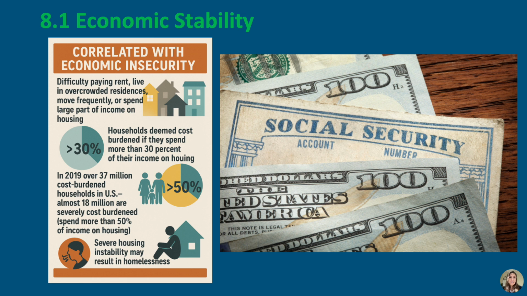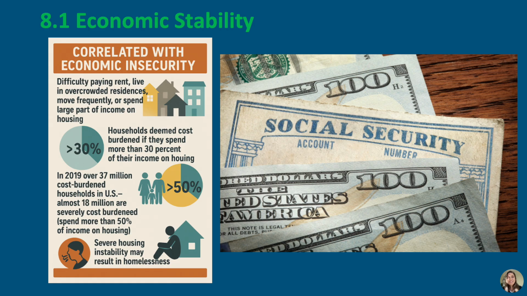Correlated with economic insecurity would be things like difficulty paying rent, living in overcrowded residences, moving frequently, or spending large parts of the income on housing. Households are deemed cost burdened if they spend more than 30% of their income on housing.